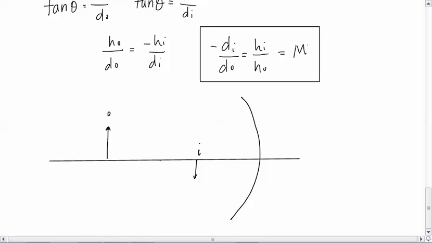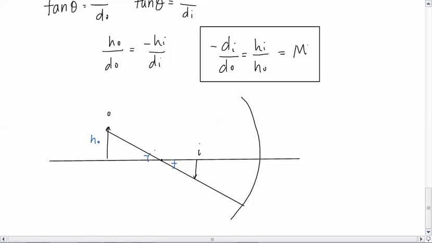And the center of curvature would be somewhere right here. Now let's remember there's a ray that goes from the top of the object through the center of curvature and then back on itself. So if I'm using that ray, then this angle and that angle must be equal to each other because of vertical angles.